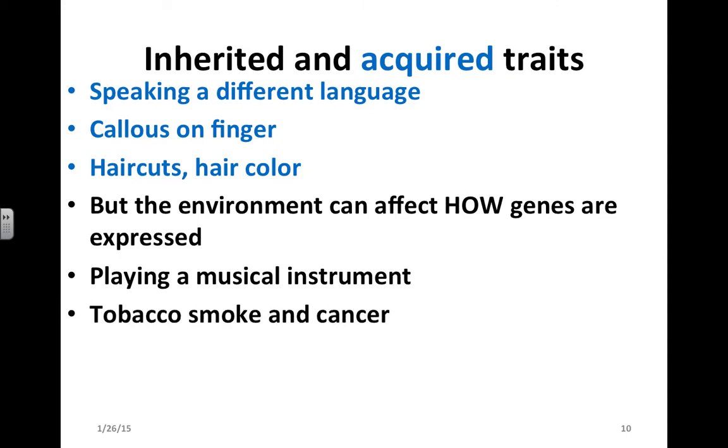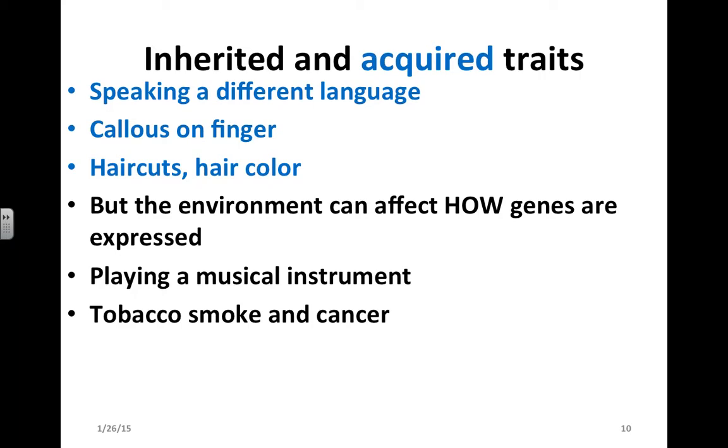How about tobacco smoke and cancer? There are genes for developing, for example, lung cancer. But if you never smoke in your life, and let's say you inherited the lung cancer gene, you may never develop it, right? That gene and how it's expressed, in other words, producing cancer, may need cigarette smoke to make it activated.